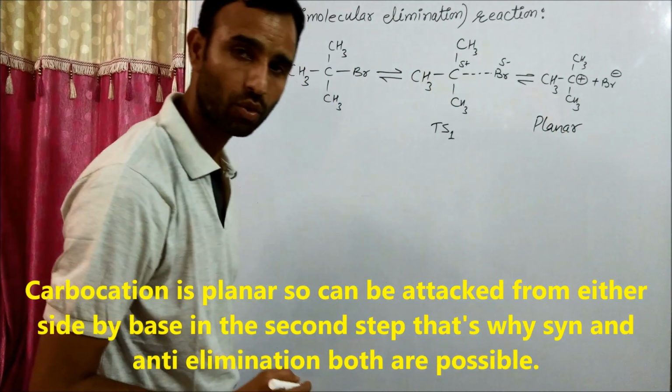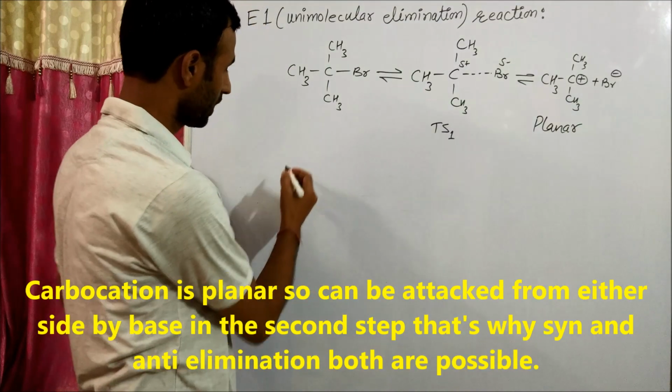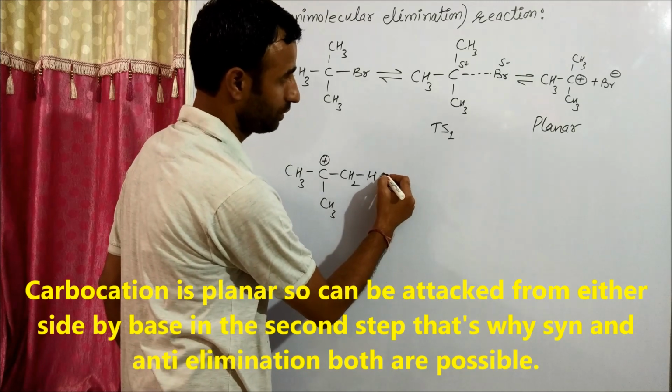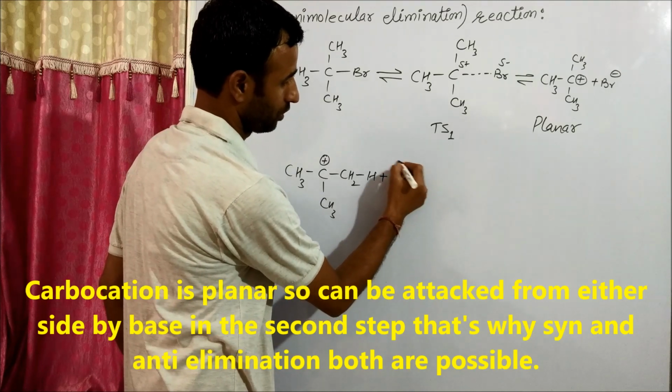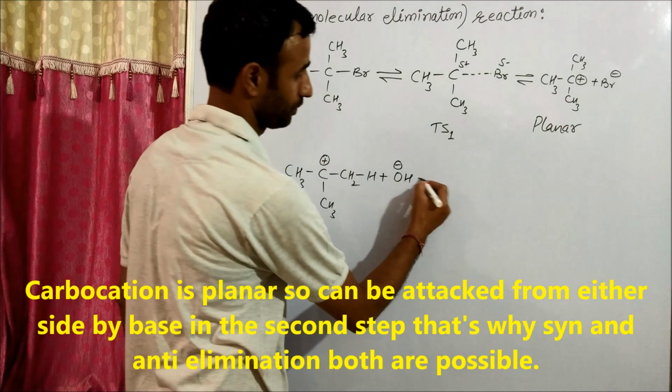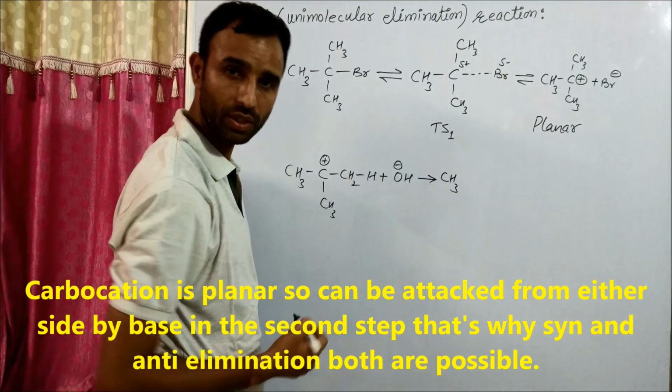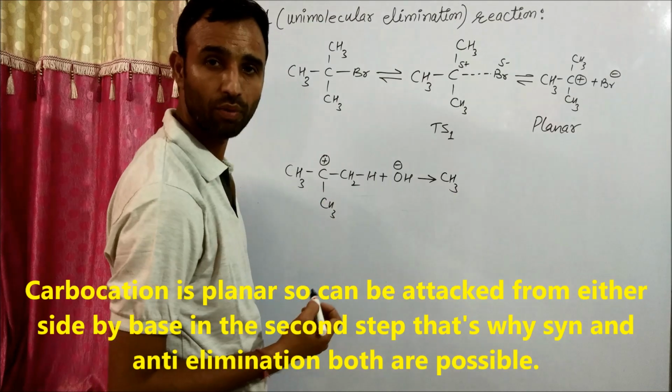You know this is a planar carbocation. Now in this planar carbocation, hydrogen from the adjacent carbon interacts with OH negative. This is the slow step, the first step. This is fast.